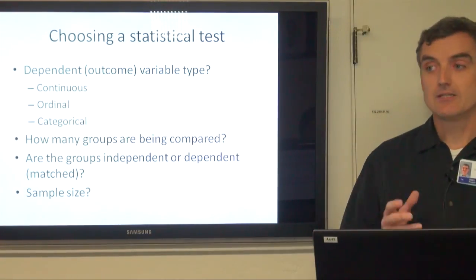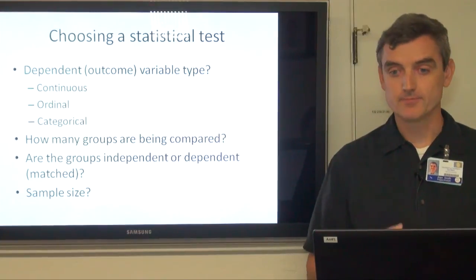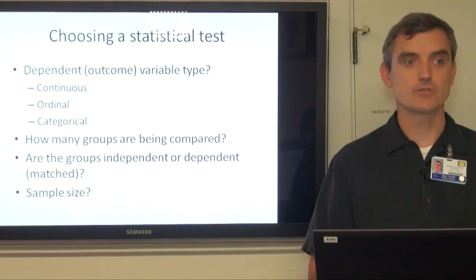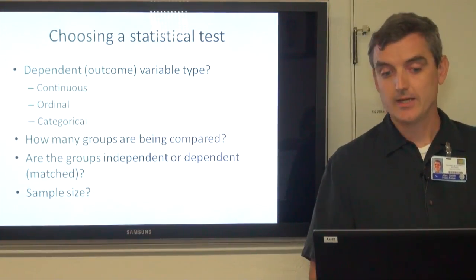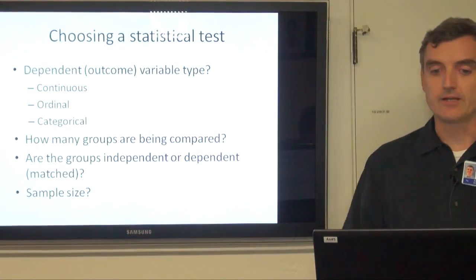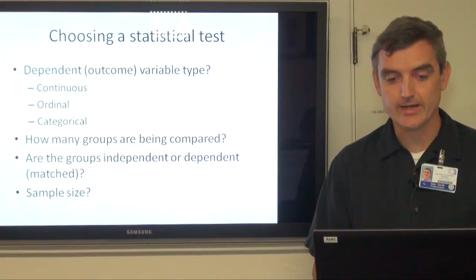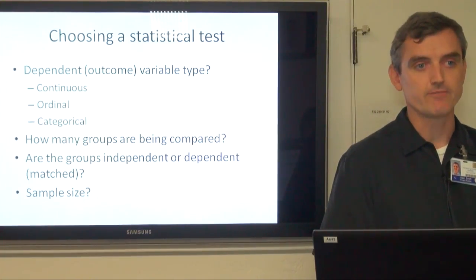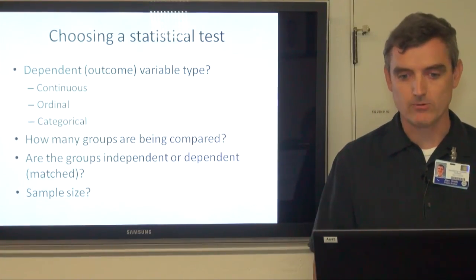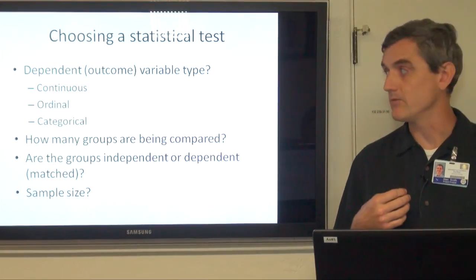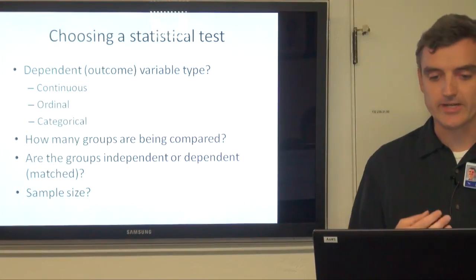The biggest hurdle to get over in statistics is choosing the right test to use. It's going to depend on a number of factors, including what kind of variables you have. What's the dependent variable? Remember, the dependent variable is the outcome variable, whether it's continuous, ordinal, or categorical.